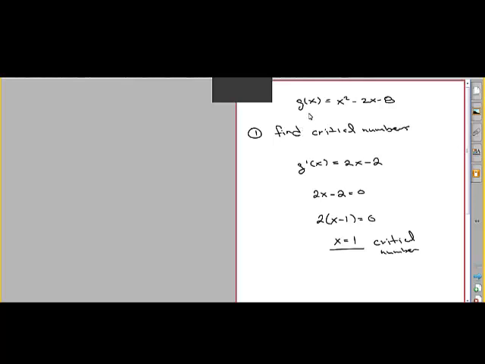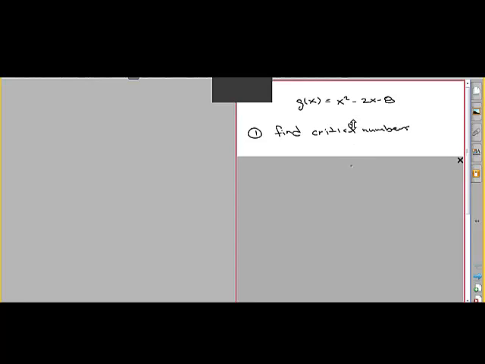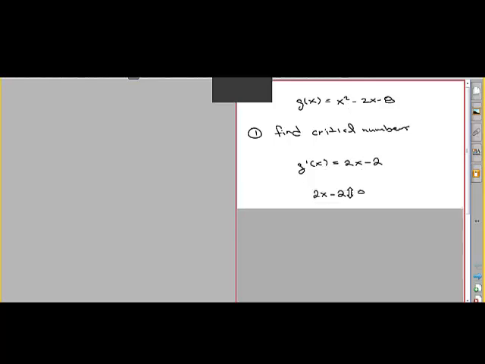Okay, so problem number 11 is we're asked to find the critical numbers and areas of increasing and decreasing functions. So this is our function. It's a polynomial. It's a parabola pointing upward because it has a positive x squared. The first thing to do is find the critical number. So we take the derivative of the function, which is that.